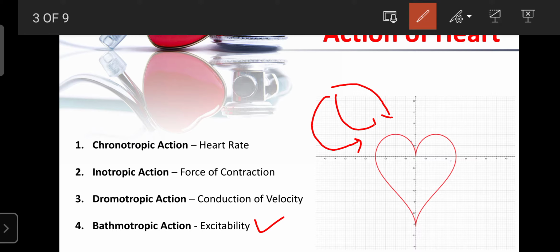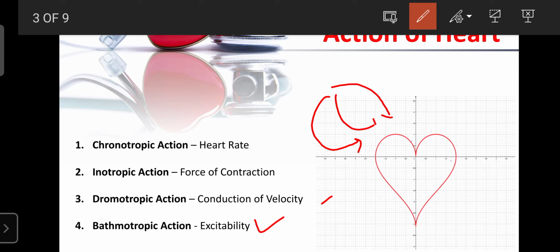So the myocardium can respond to external stimuli, whether hormones, neurotransmitters or any chemicals. That property is known as excitability or bathmotropic action.